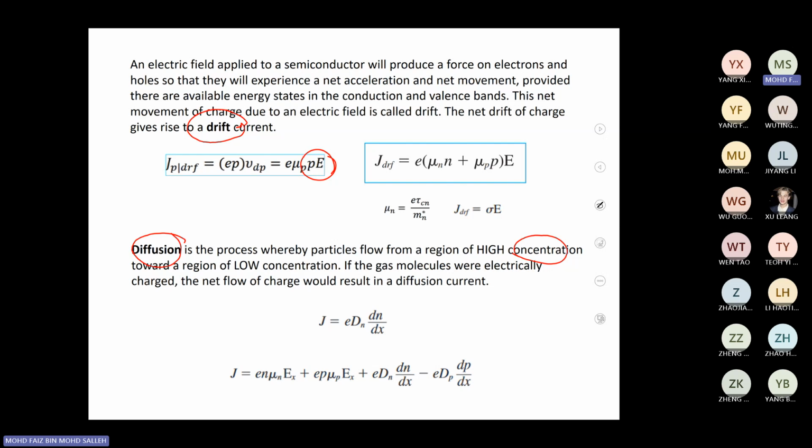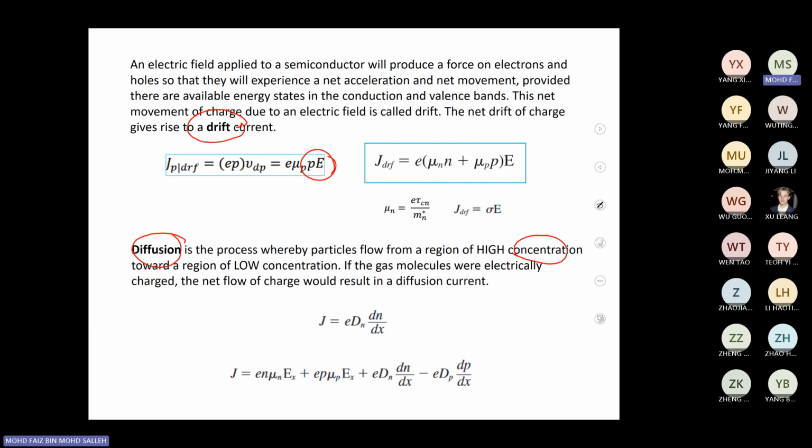So if you want to know how much current flows inside your material, you need to know the transport mechanism. Is it drift or diffusion? Or both, it can be both.